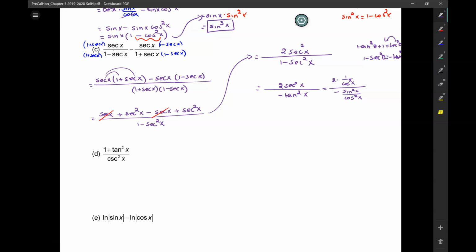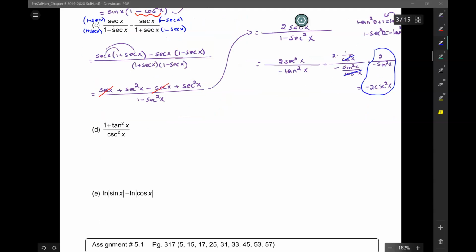Here we can cancel out a cosine squared from the top and a cosine squared from the bottom because identical denominators will go away. So in the numerator I have 2, and in the denominator, negative sine squared x, which is the same as negative 2 cosecant squared x.